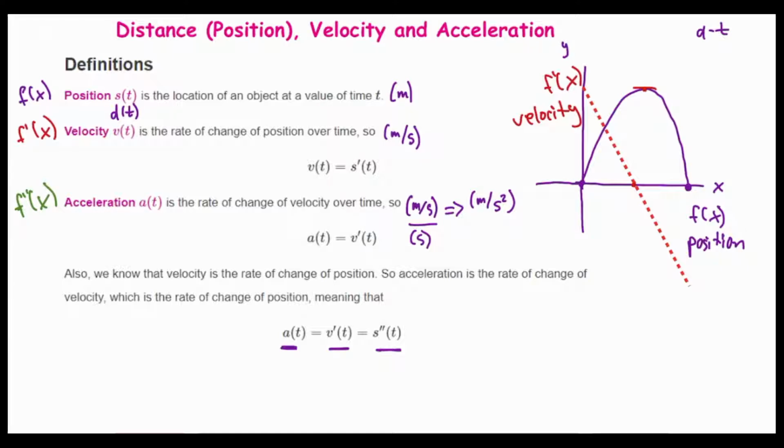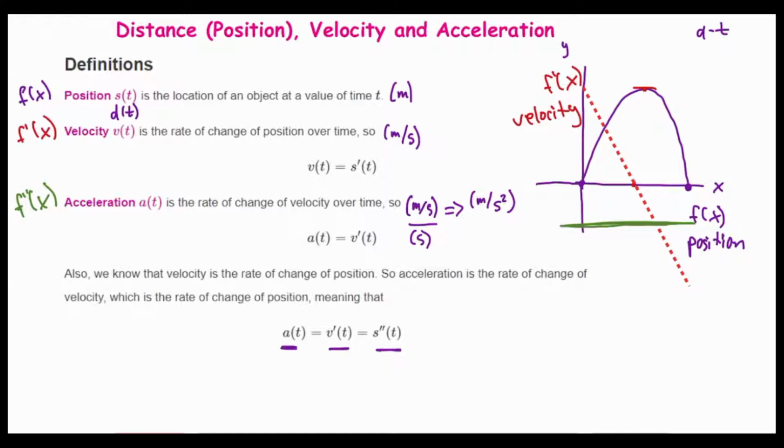So it's the change in our change in position, or in other words, it represents the slope of our first derivative. We notice that the slope of our first derivative is constant and negative, and so the shape of our graph here is going to be just a straight line right here.